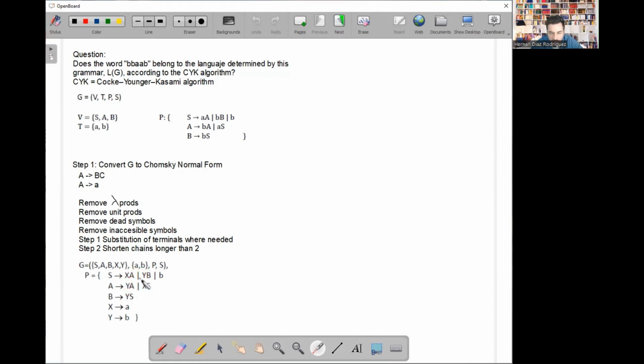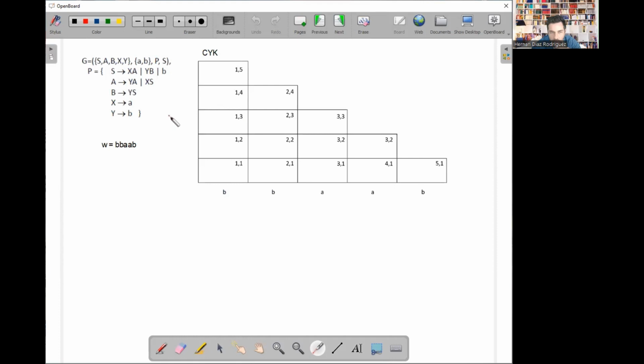And if we check this grammar, as you can see, all the productions already follow Chomsky normal form, right? We have 2 variables or we have 1 terminal after performing all the substitutions here. So if we go to the next page, already with this grammar, we can start applying the CYK algorithm to this word.